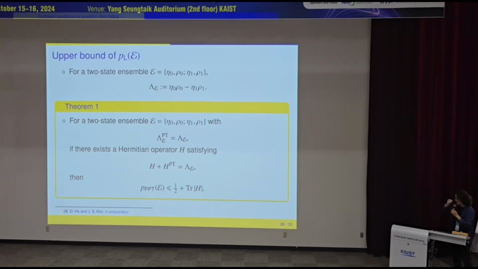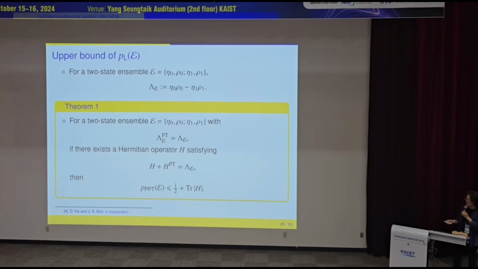Of course, if this lambda_epsilon is PT invariant, we can use half of lambda_epsilon as H, but this choice of H is not unique. That means there can be several H which decompose this lambda_epsilon.